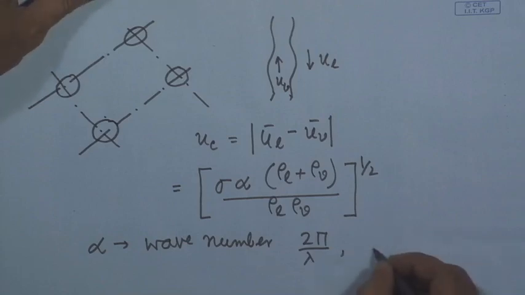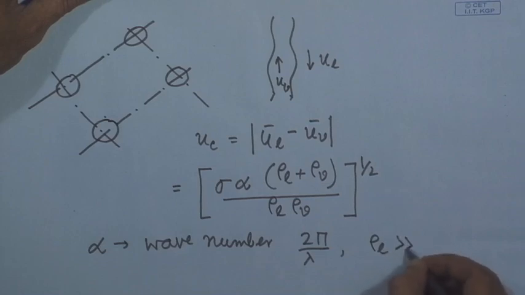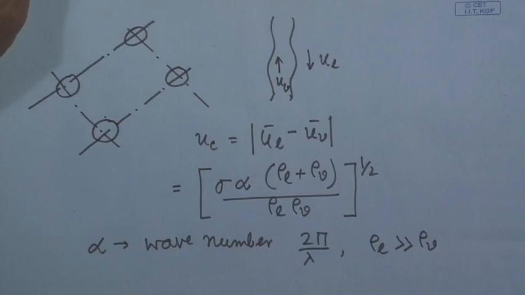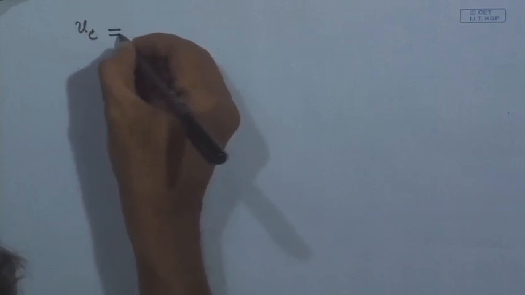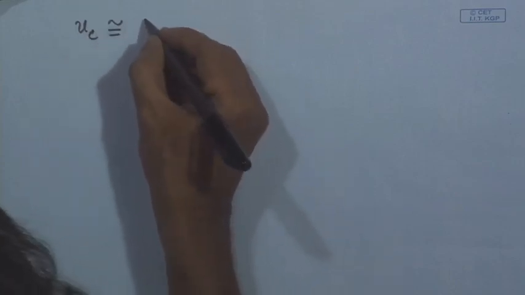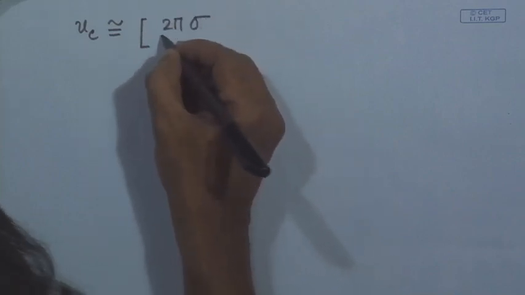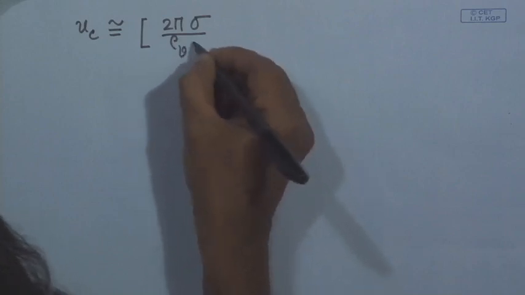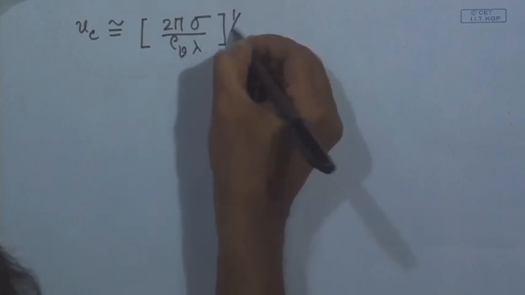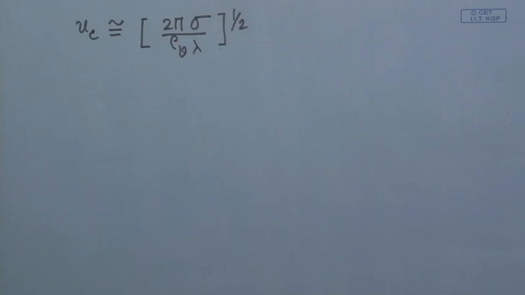Further, rho L is far greater than rho V. So, compared to rho L, rho V can be neglected in the rho L plus rho V term, and if I do that, then the relative velocity is approximately given by 2 pi sigma by rho V lambda, to the power half. So, this is the relative velocity.